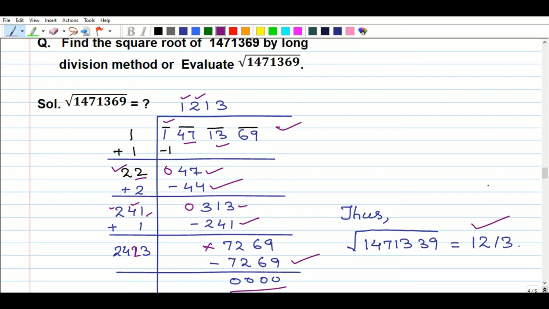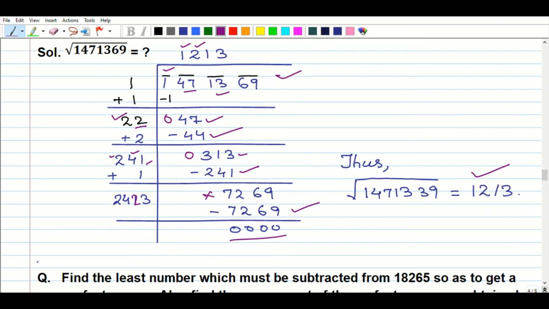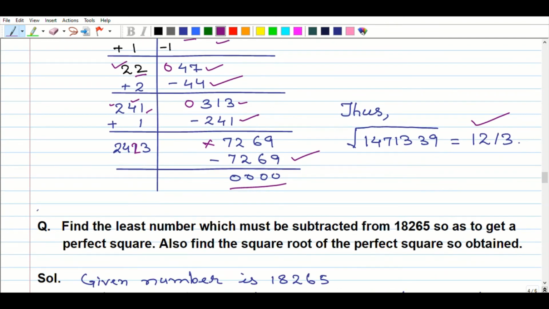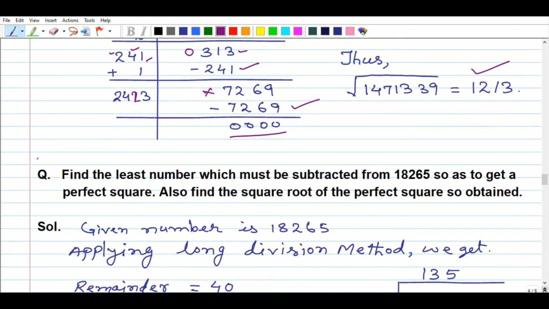Right? I hope that you understand the things. This division method is for large numbers, where no other method will work. So such a type of question will be asked at the academic level: find the least number which must be subtracted from 18,265 so as to get a perfect square.